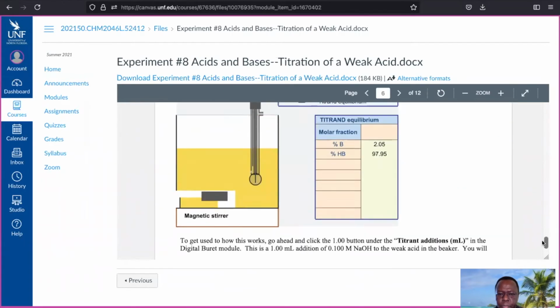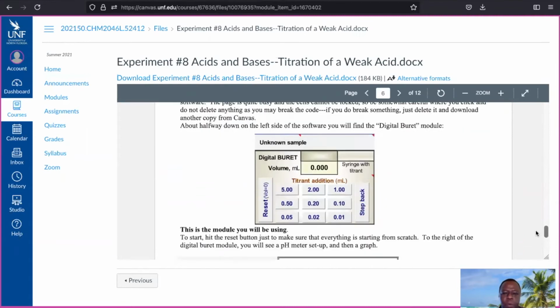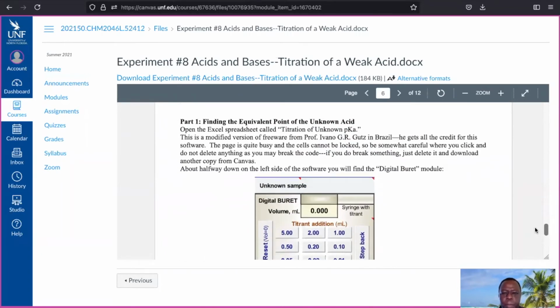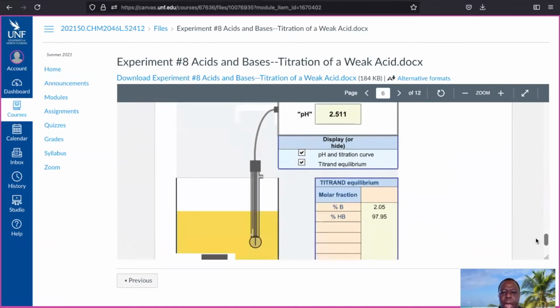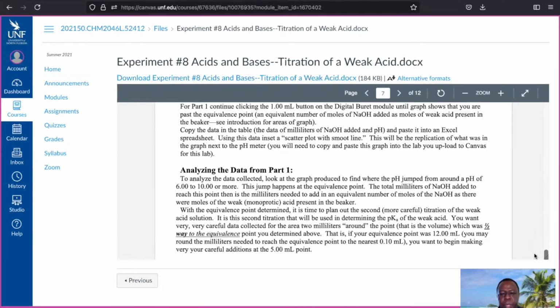This is the background on how you will do it. I know when you read this, it might not really make sense to you. I will load the spreadsheet download and walk you through the directions. It's pretty much straightforward.